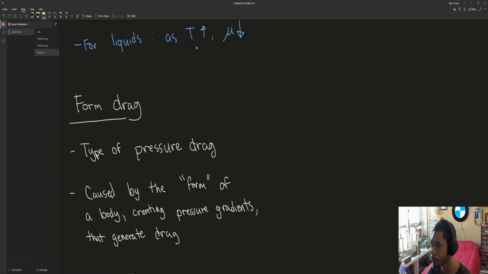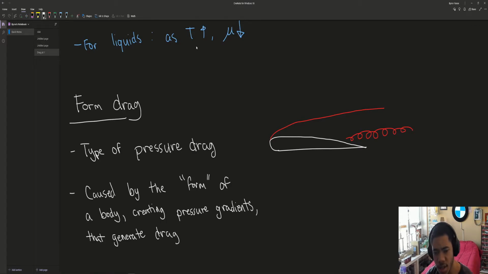Okay. So what does this exactly mean? This means, for example, let's take a look at our airfoil. Back on Sunday we talked about how with this airfoil, at some point, we have a region of separation.